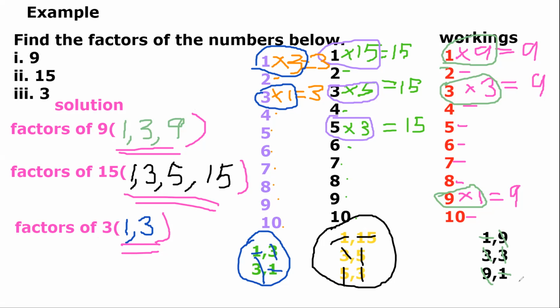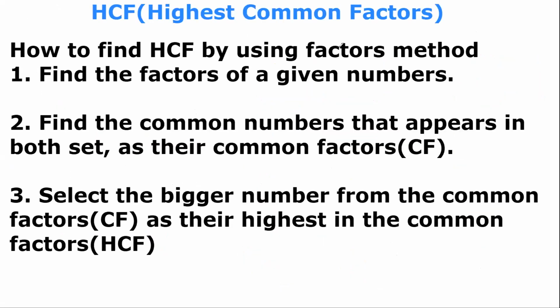So you are done with the factors. Let's see this one here. Highest common factor, that is the HCF, the highest of the common factors. How to find the highest common factor? By using the factors method. We have other methods, but we will discuss those the next time we meet.